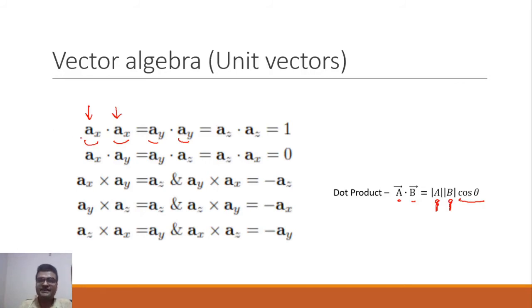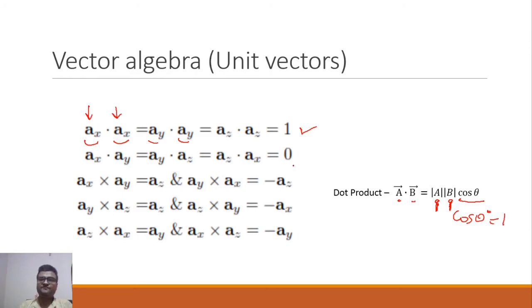What is the angle between two parallel or two same vectors? The angle between Ax and Ax will be 0 degrees, and Ay also will have an angle of 0 degrees, Az will also have 0 degrees. So cos of 0 is what? Cos of 0 degrees is 1. That is why we are getting the answer 1 here.